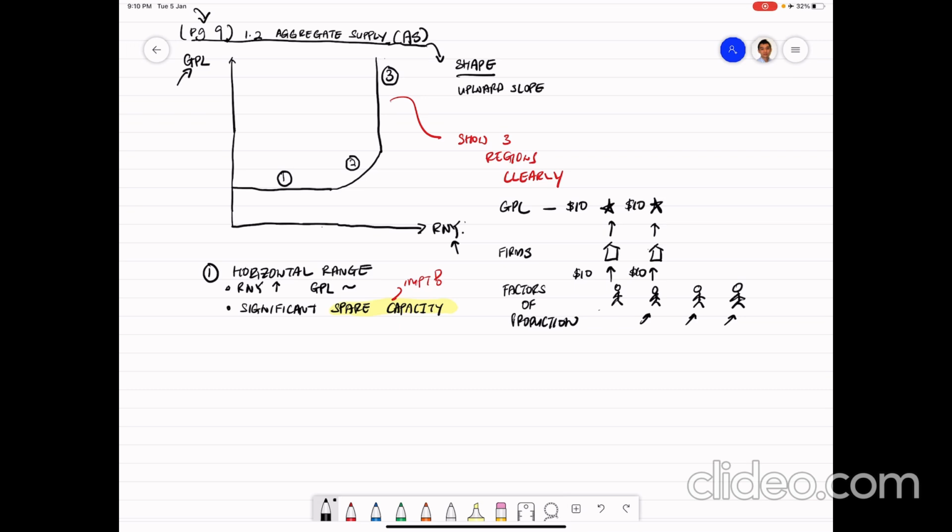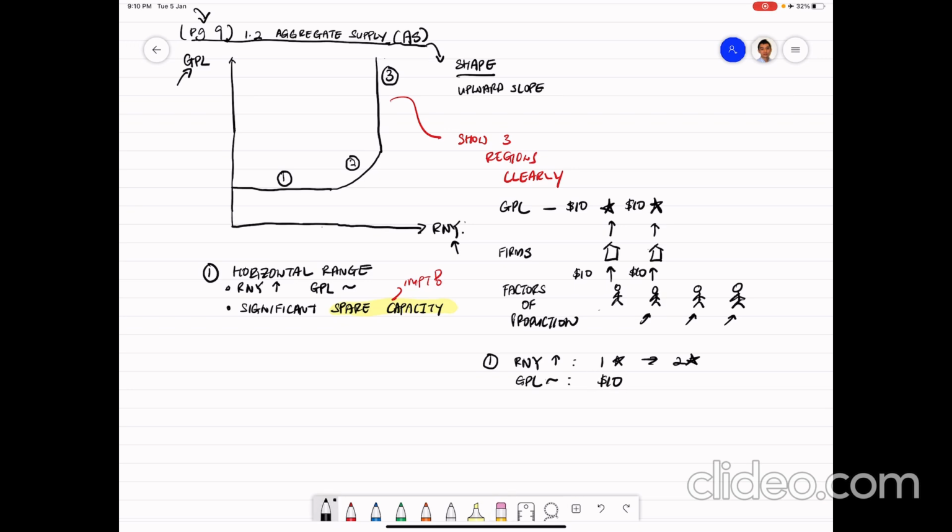What you'll notice is that in the horizontal region, region 1, the real national income is increasing, or can increase, from 1 star to 2 stars, but the general price level is still the same. The general price level is still $10. Just write this properly.